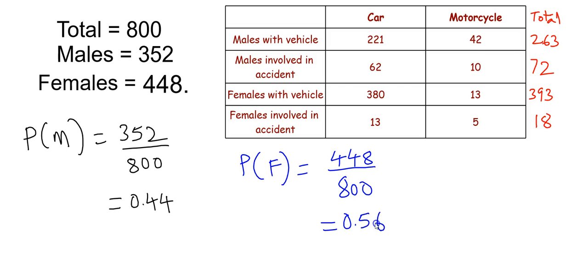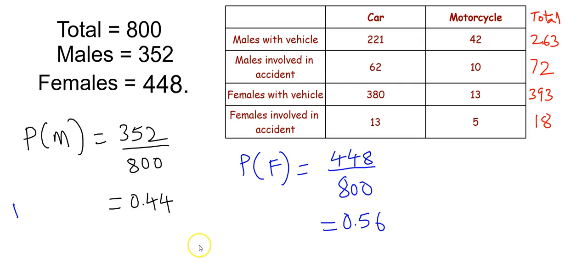Here we can notice that 0.44 plus 0.56 is equal to 1. The total probability in any scenario must be equal to 1. Here you are finding the probability of males and females, so when you add them together, it must be equal to 1. That's what we have here.